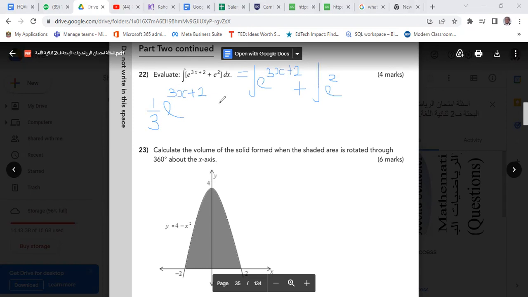Then plus, this e power 2 is more like a constant. So if you are integrating a constant, you just add x. So I have e power 2 multiplied by x. It's like you are integrating 7. When you integrate 7, you get 7x. So e power 2 x.